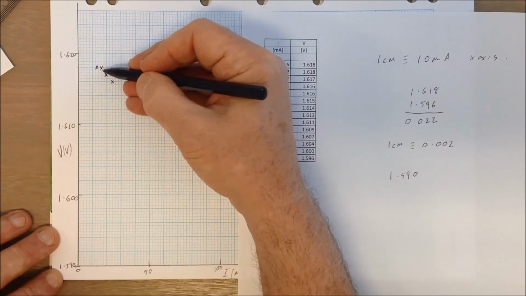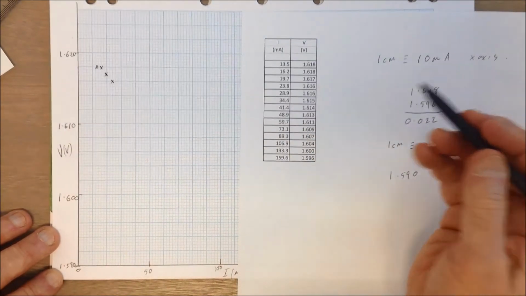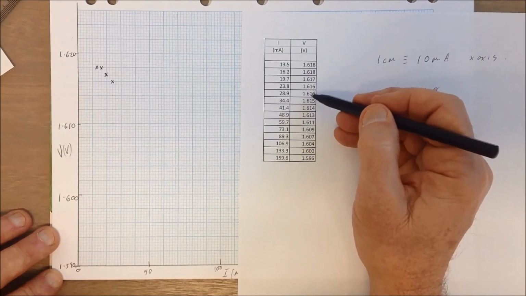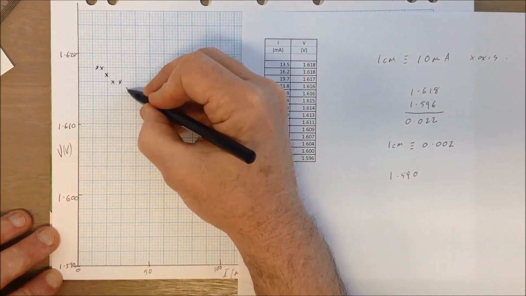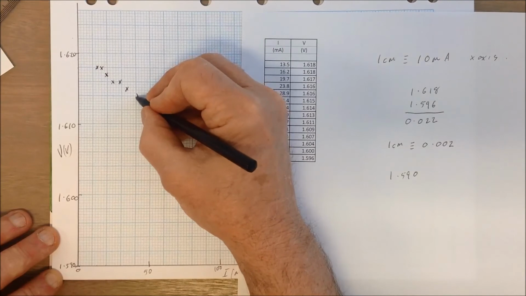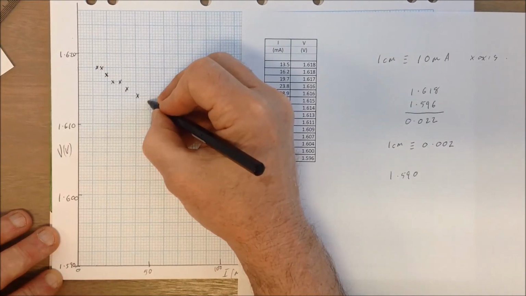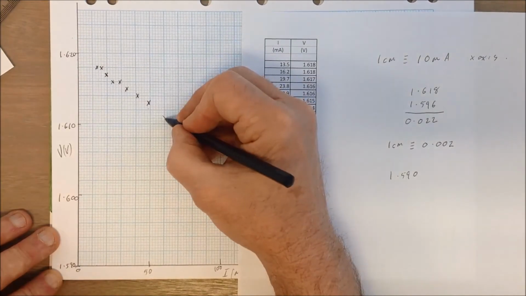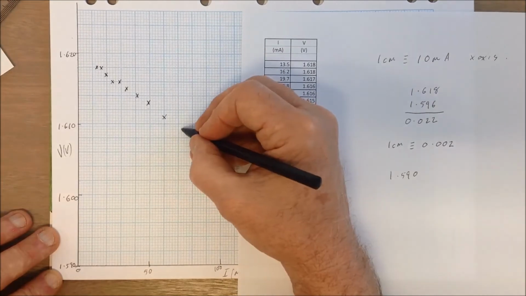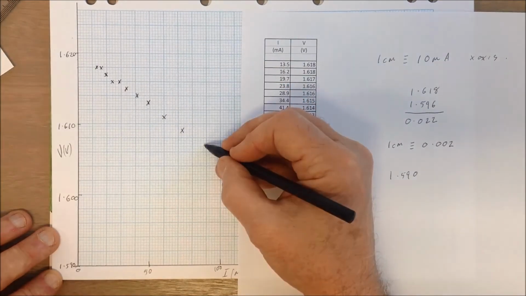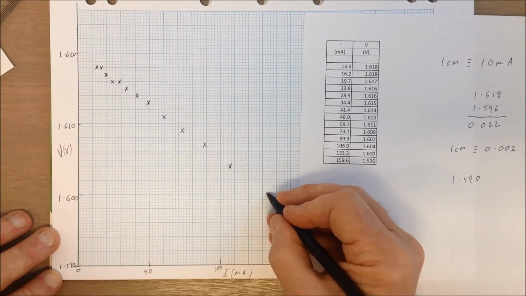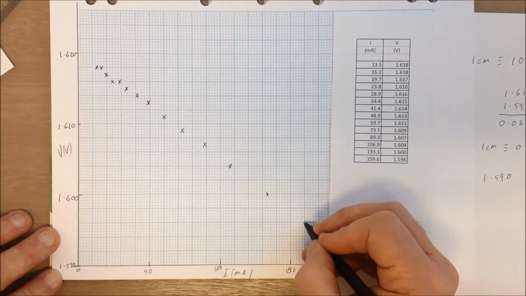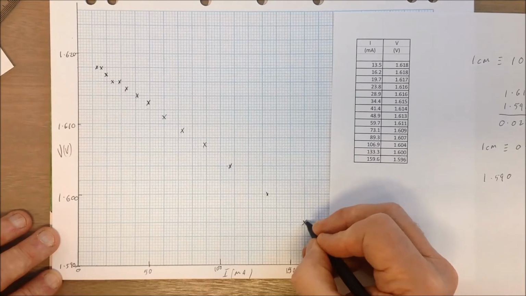Notice the voltage is dropping by half a centimetre at a time. It's a very coarse scale. Then 28.9 would be 1.612. And so gradually it's 1.614, 1.613 will be there, 1.611, and 1.596 is there.